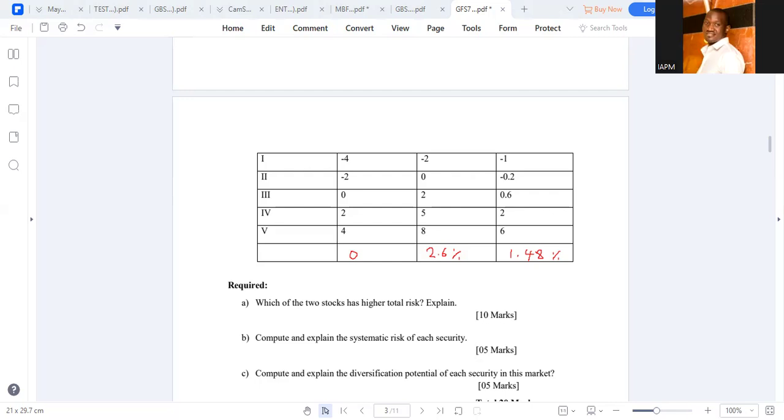After finding the averages for each of these, the question is, how do we calculate which of the stocks has higher risk? By risk here, we're looking at the standard deviations for the returns, right? So how do we calculate the standard deviations? We subtract each of them by what? The return minus the mean we found on each of them. We square, then we divide by the n. Minus 1.